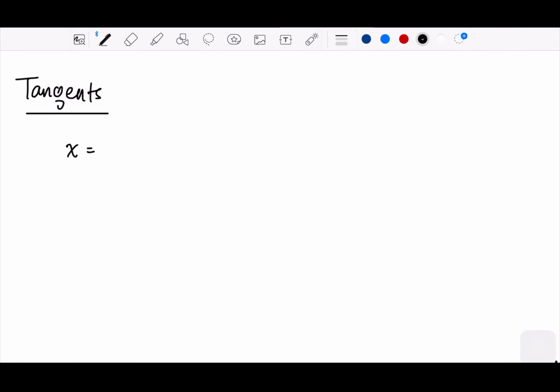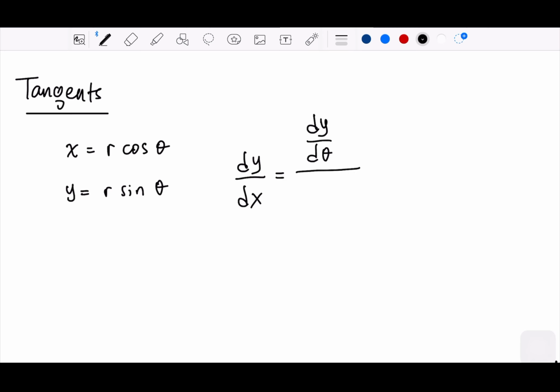So similarly, we are going to start with writing the conversion for each x and y in polar. And then if we want to find the tangent dy over dx, we are going to find dy over d theta and dx over d theta, right? And we get that from the product rule that we have before.